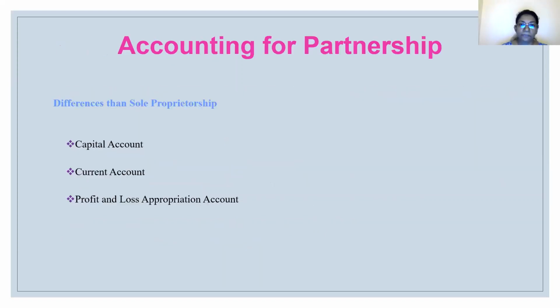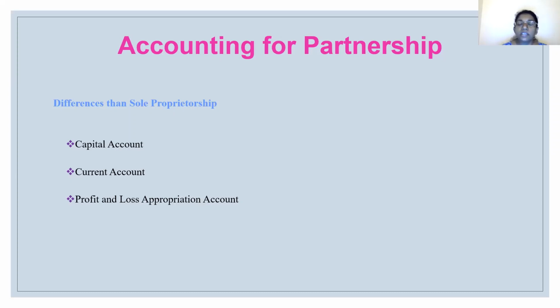So let's see accounting for partnership, and this is different from the sole proprietorship. In the sole proprietorship, we have only the capital account and all the profit and losses are recorded in the comprehensive income statement, and it's only allocated to the equity because the only equity holder is the sole proprietor himself.